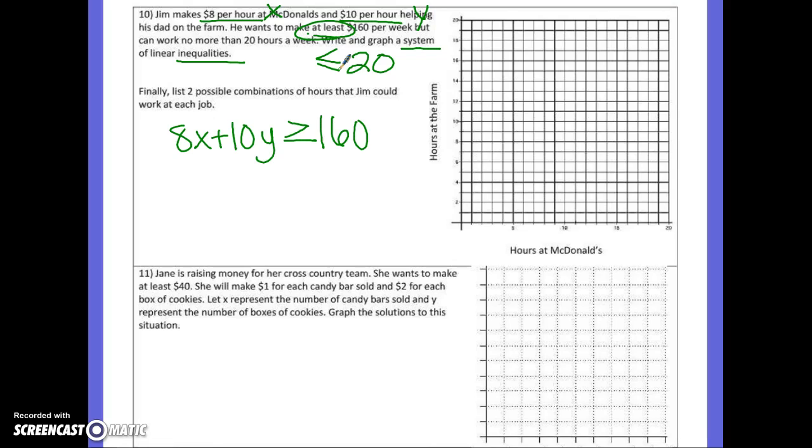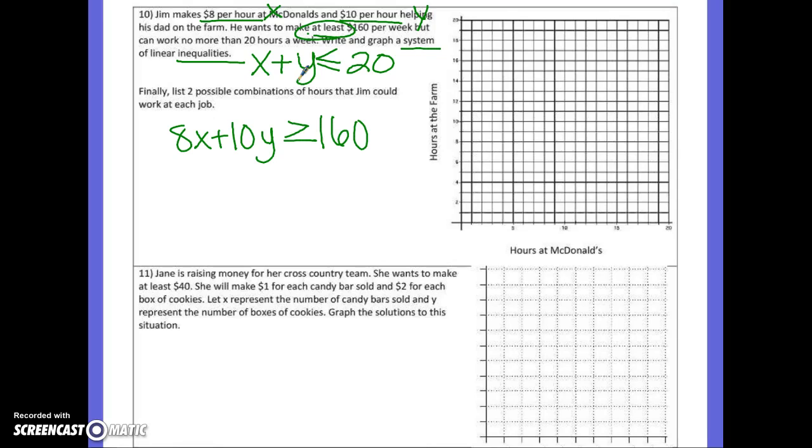And then remember that X is the hours at McDonald's, Y is the hours helping on the farm. So it's X plus Y less than or equal to 20 hours. Hours plus hours has to be less than or equal to 20.